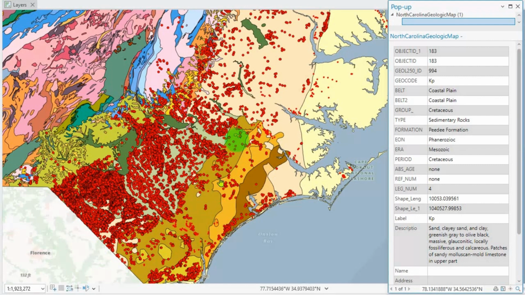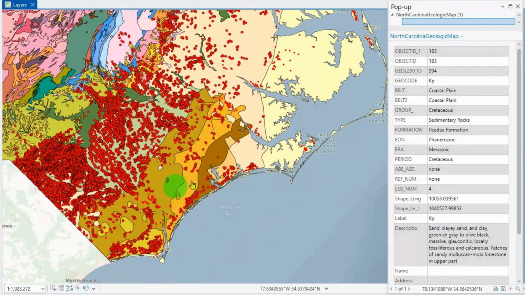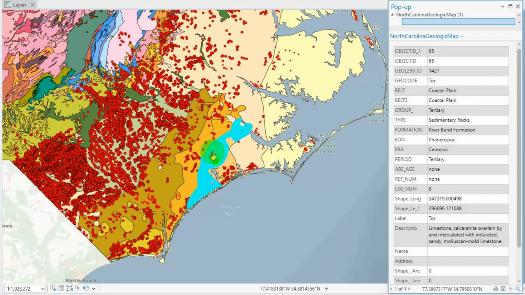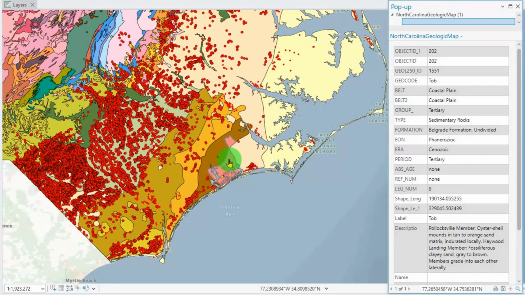Still not super high density. We get the same loading basically as the Comfort Member, the River Bend Formation, the Belgrade Formation. Like I said, I'll let you see the chart with the numbers for all of them.